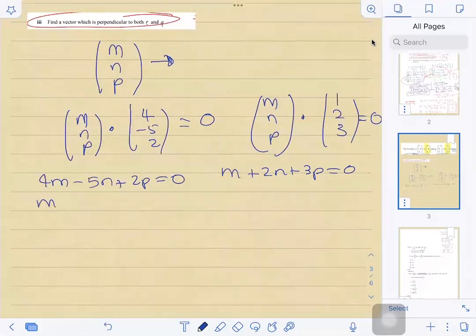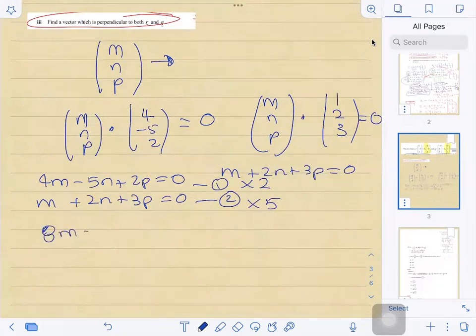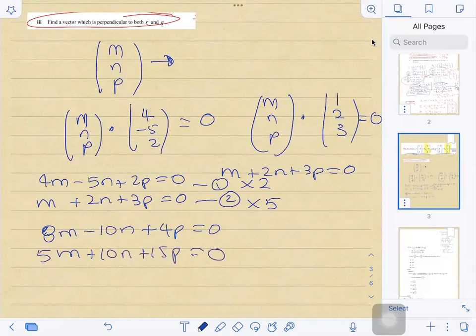Okay, so now we have these two equations. I'll call them 1 and 2. I'm going to times this one by 2 and this one by 5, so I can create something that's common. So that's 8m minus 10n plus 4p equals 0, and 5m plus 10n plus 15p equals 0.